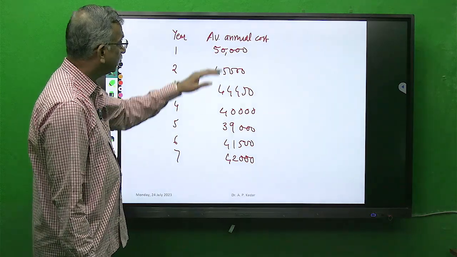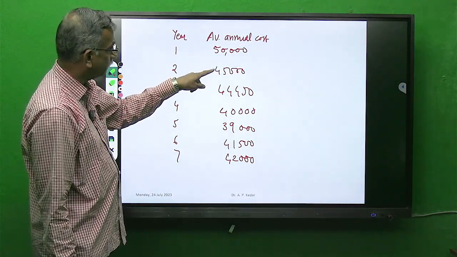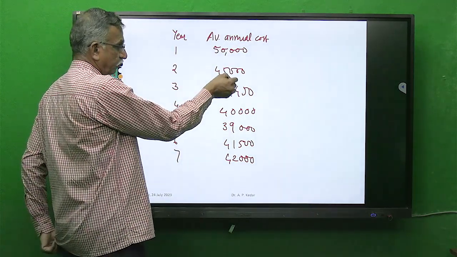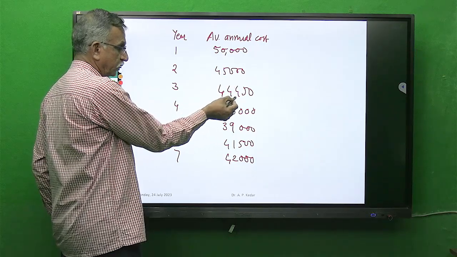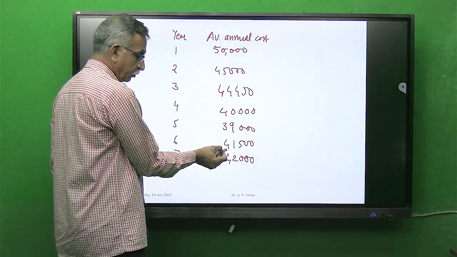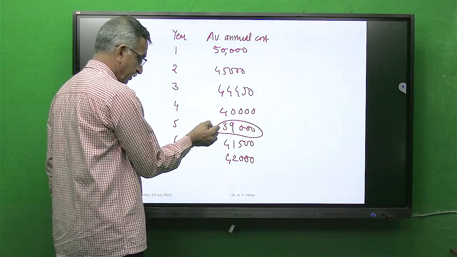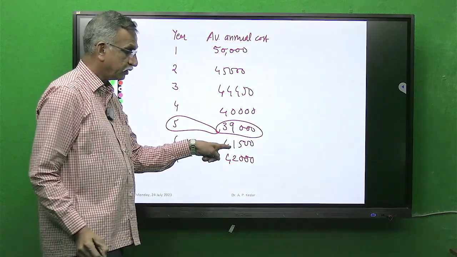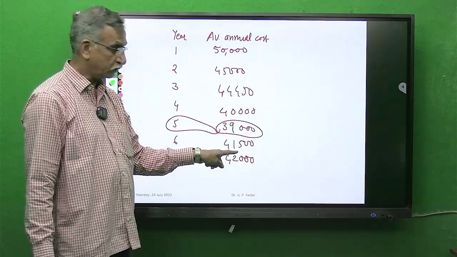Now observe the trend. Annual average cost 50,000, decreasing trend 45,000, 44,500, 40,000, 39,000, and here you can find there is an increase.